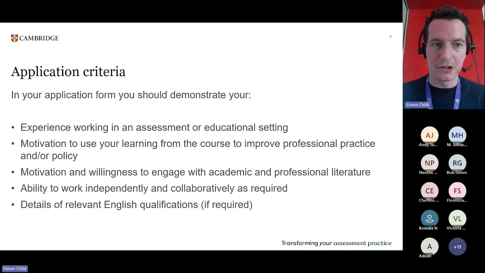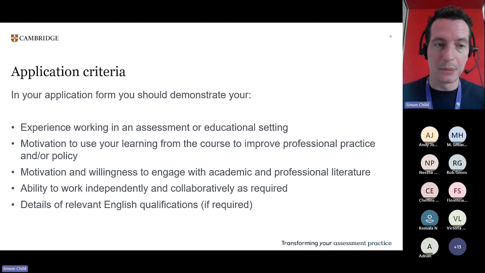In the application form, particularly in the personal statement, I would give as much information as you can about these things. We would like you to demonstrate the following. The first is that you've got some experience working in an assessment or educational setting, and to outline what that experience is.